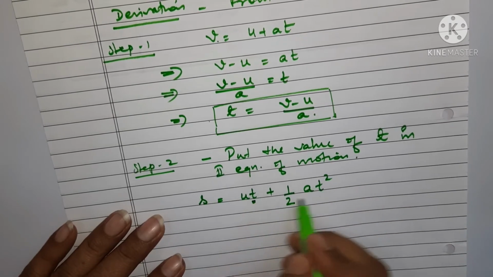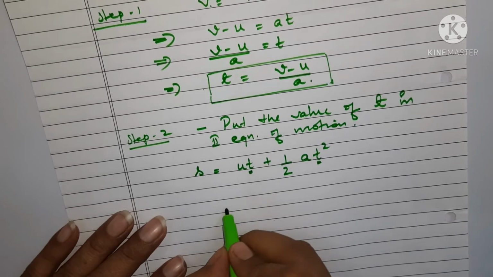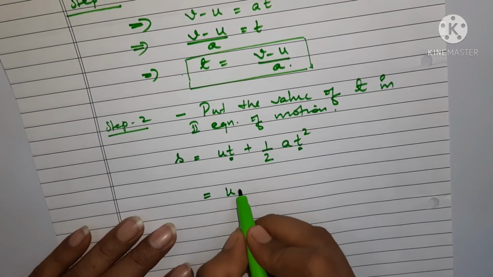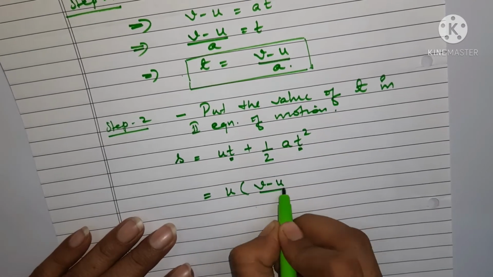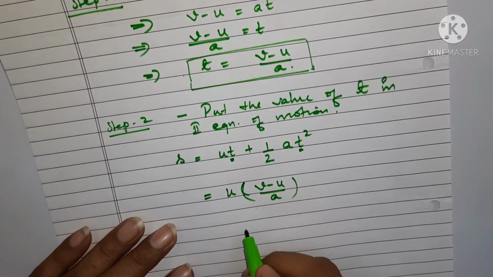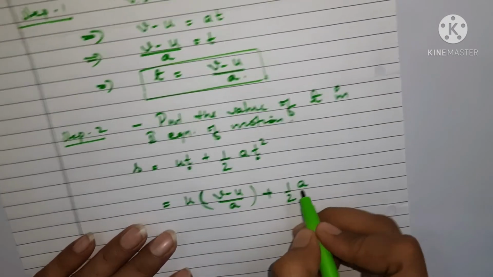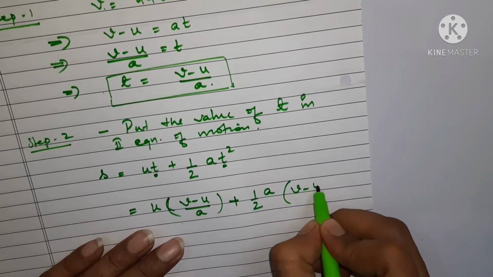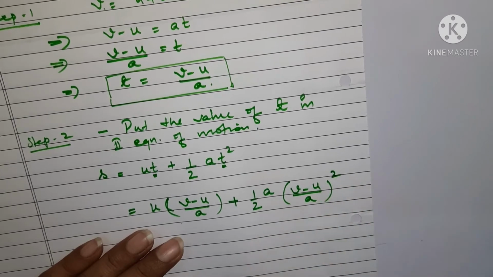You have to put the value of t from here. So u will be as such, put the value of t, which is v minus u upon a. Then plus half, a will be as such, put the value of t again, v minus u upon a whole square.